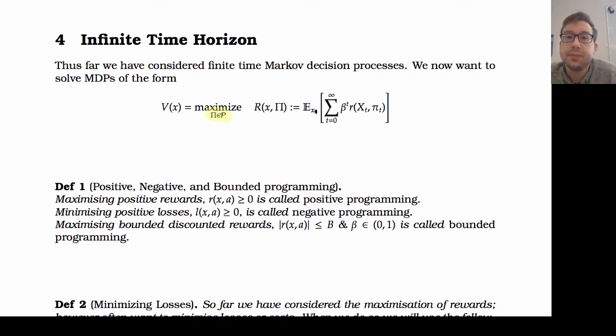Given I start at x equal x0, I get a reward for the state that I'm in and the action that I choose at each time, and I sum up the rewards from time 0 to infinity. Obviously there can be some issues with summing up. Let's say I get a reward of 1 at every time. There could be some issues with this sum if I'm summing up 1 infinitely many times, so it's going to get infinite.